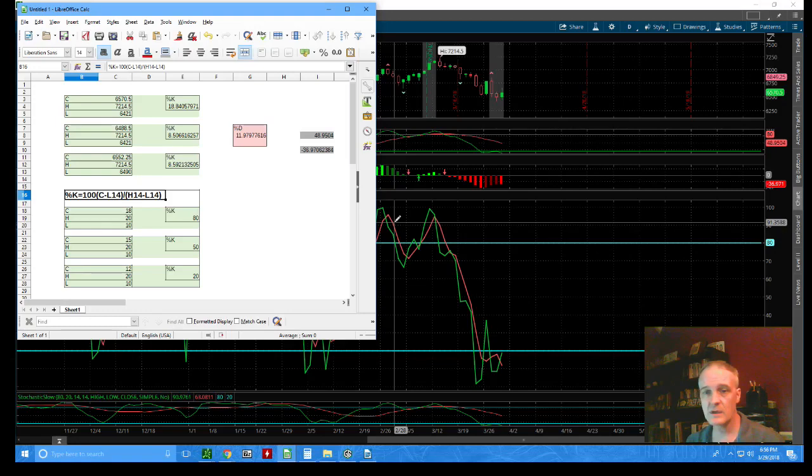Let's talk about the golden cross or the death cross, which is a 50 period moving average, that's the fast moving average, crossing a 200 period moving average, which is the slow moving average. So if your 50, your fast, crosses above your 200, your slow, that's called a golden cross. That's a signal to buy.